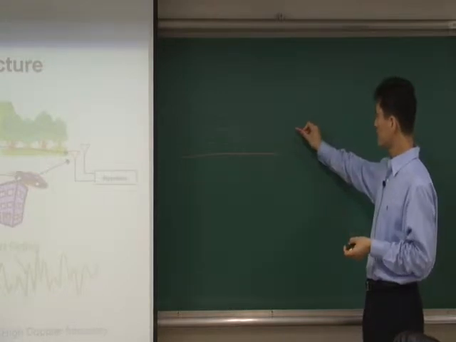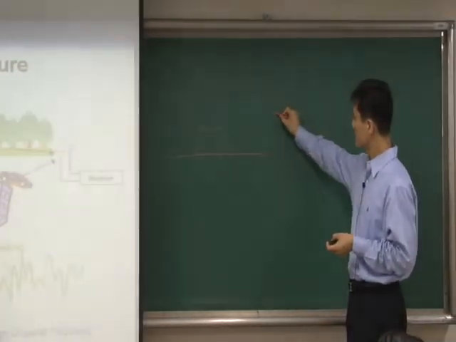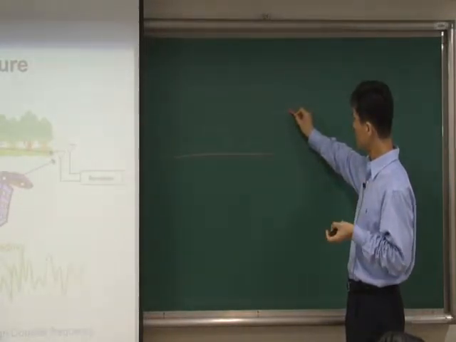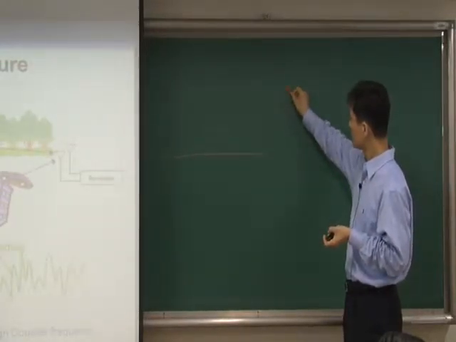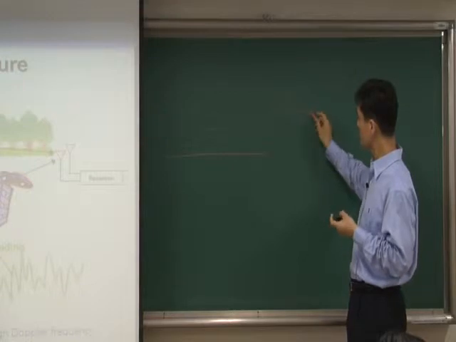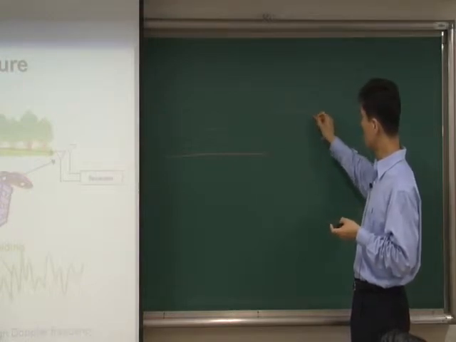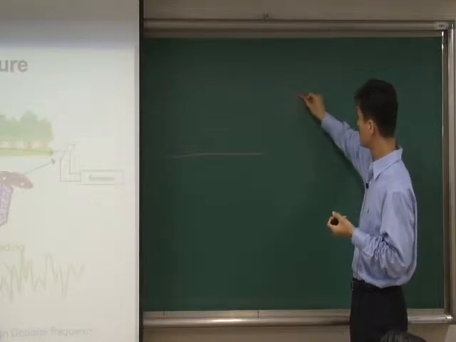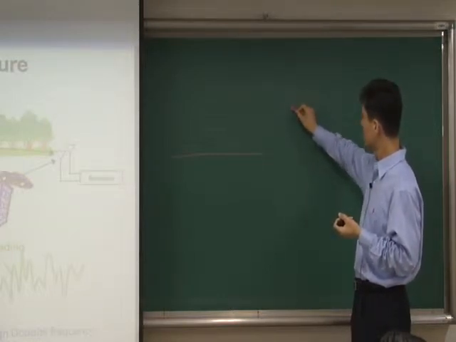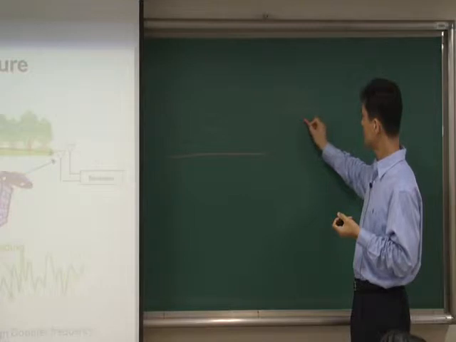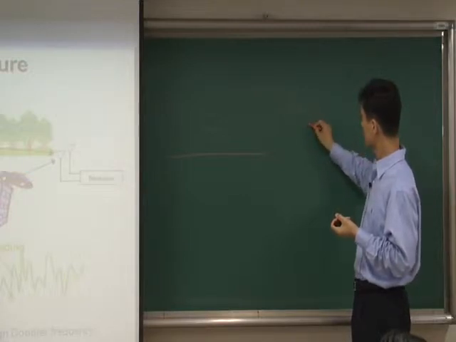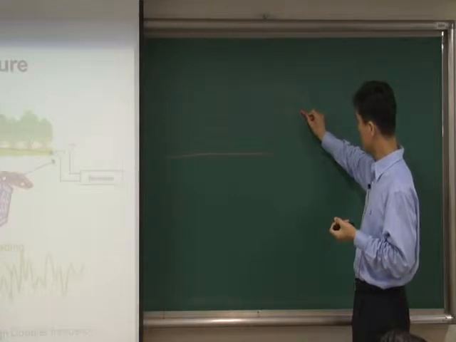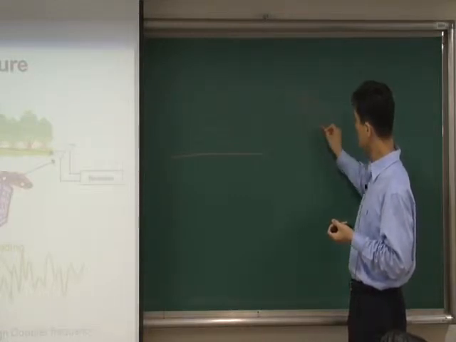In that case, if there's a Doppler frequency, then the transmitter transmits this impulse in the frequency domain, or a sinusoidal tone, and that will be spread, right? This is, let's say, FC, but you will receive some other frequencies. And the maximum Doppler will be FM.